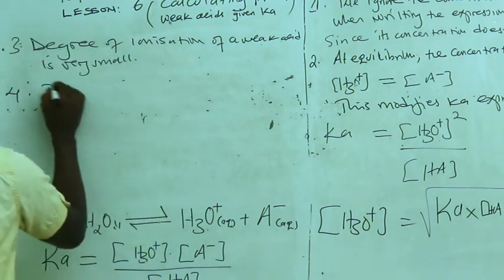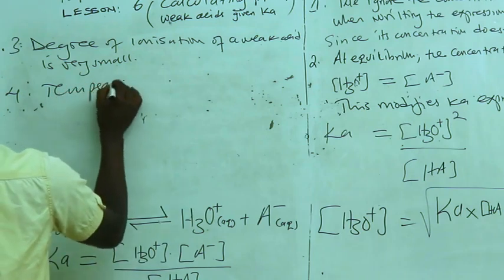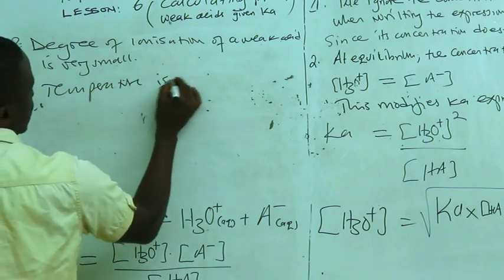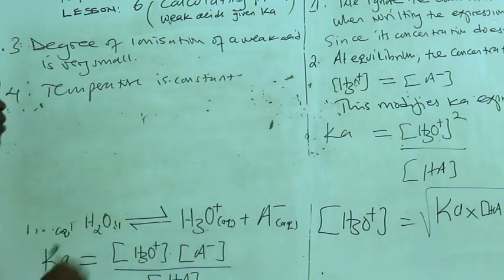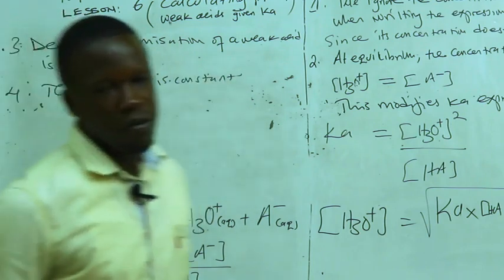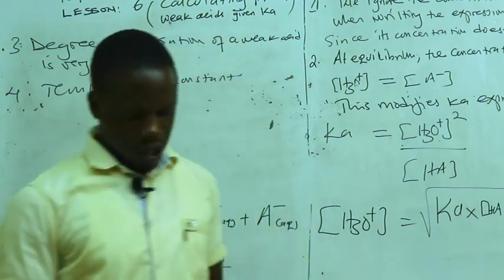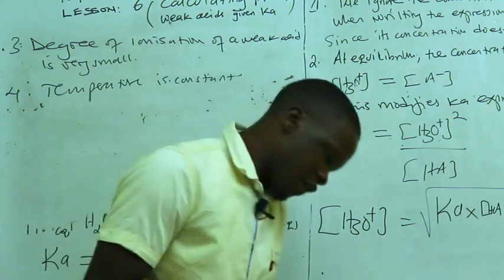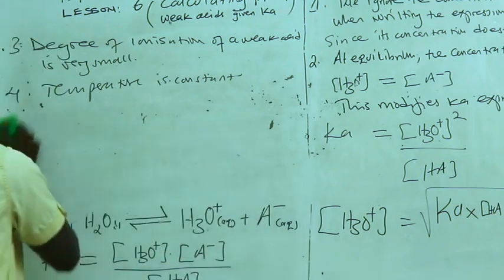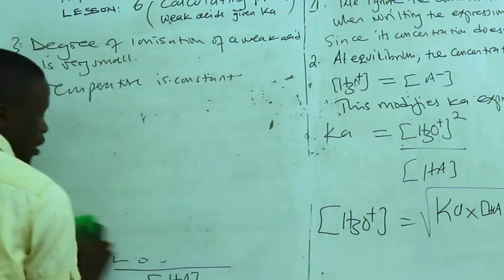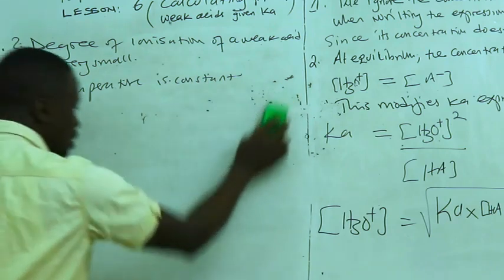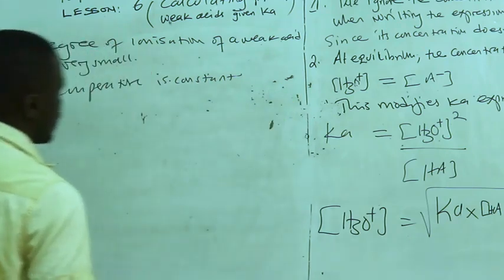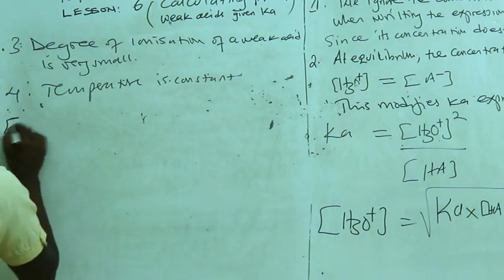And then also, temperature is constant, because Ka depends on temperature. When temperature varies, then Ka is bound to change. Now, if this is okay, then we shall look at some examples of how to calculate pH given Ka values. Examples.